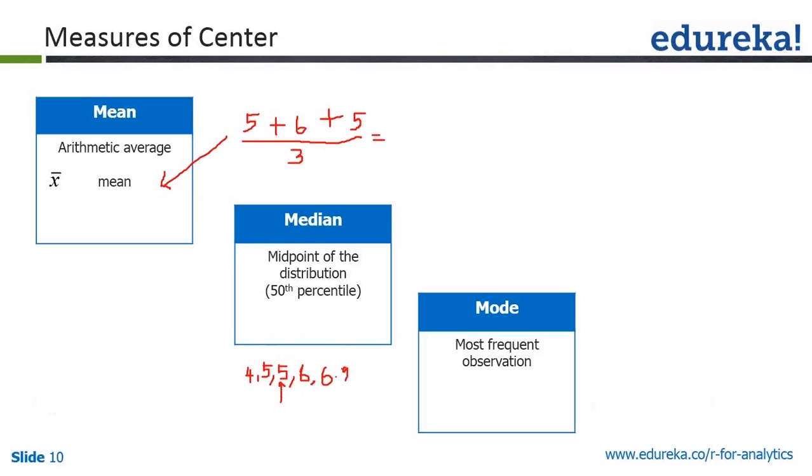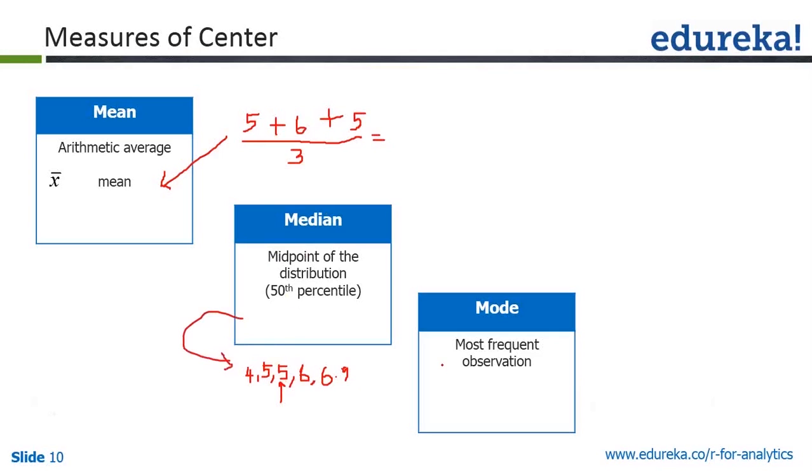This for instance says that 50% of the guys have values less than or equal to me, and 50% of the guys have values greater than or equal to me. So this concept is called median.